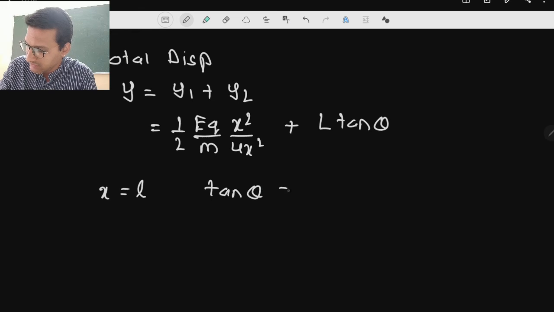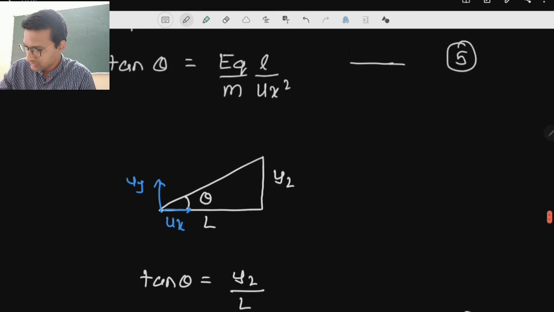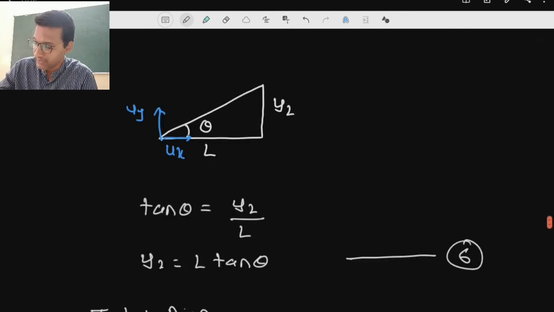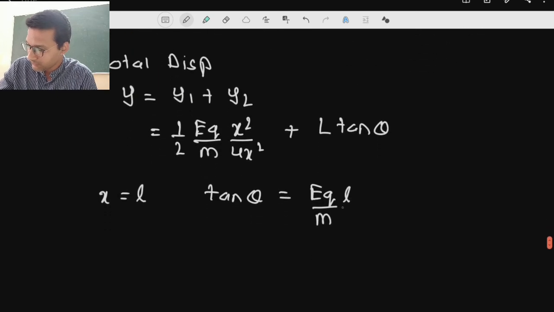Tan theta is equal to eq by m, L divided by ux square. Now let us replace these values.